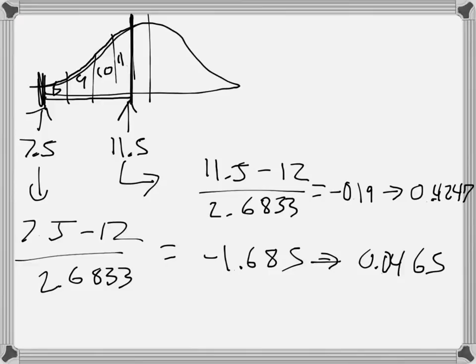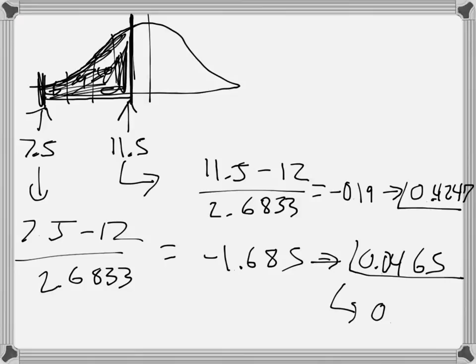So this minus this gives me this space, and this gives me 0.3787. And this is the answer.